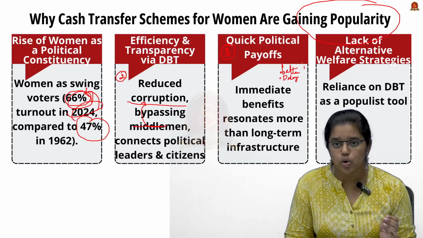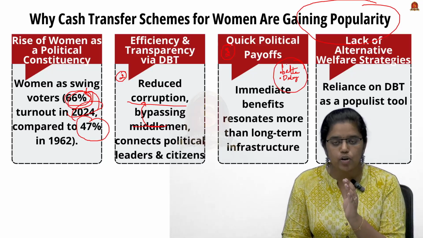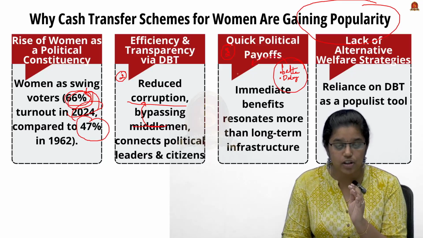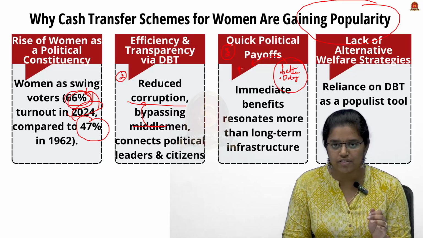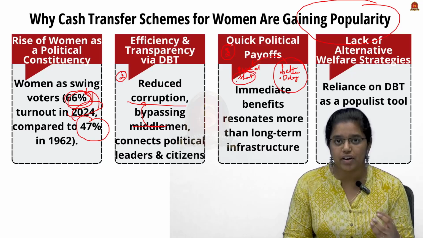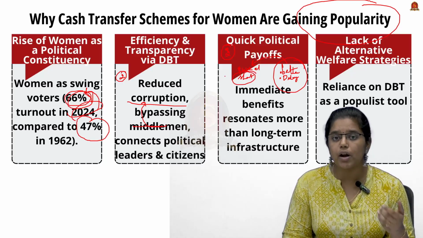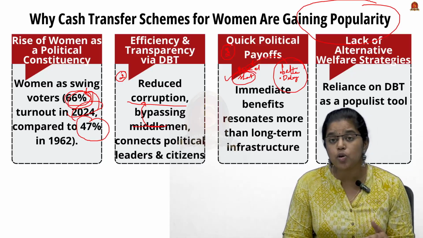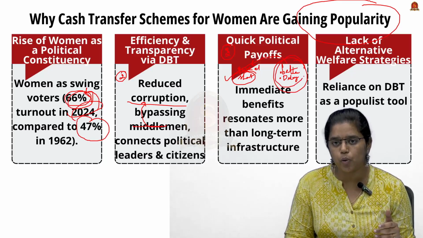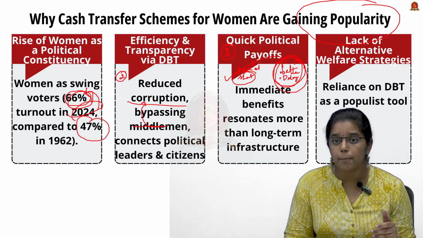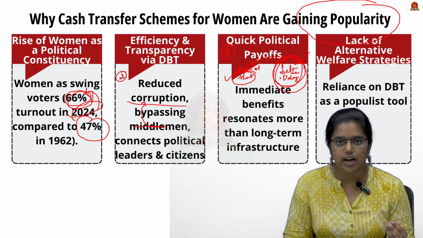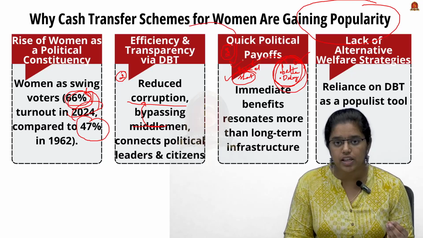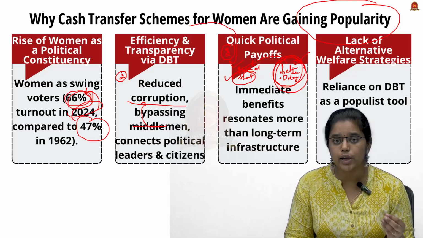Compared with that, cash transfers give an immediate and quick relief, but only for a shorter period. People are seeing the benefit in a quick way, so people are preferring this, even though better infrastructure projects give them better benefits. As they have a quick result in these kind of cash transfer schemes, these schemes are gaining popularity.